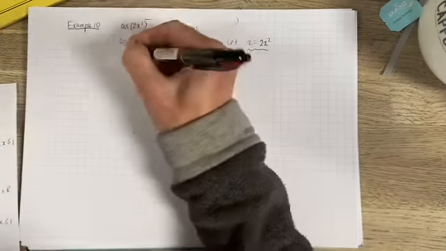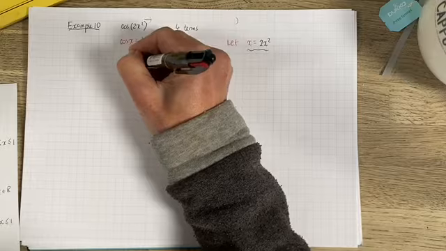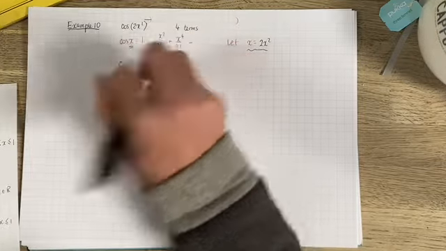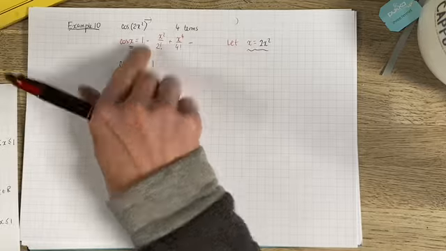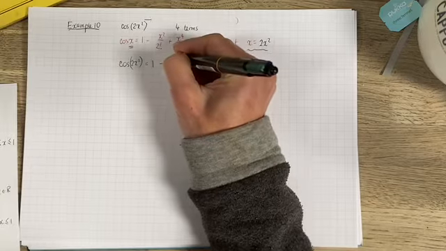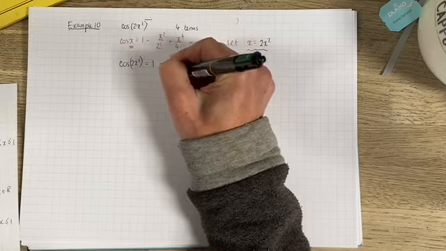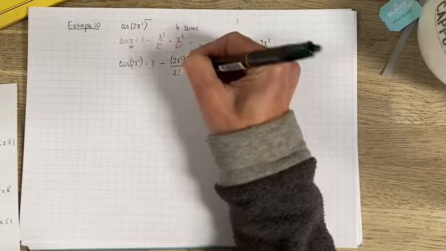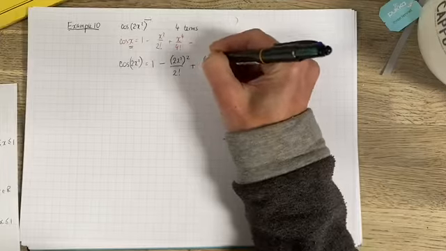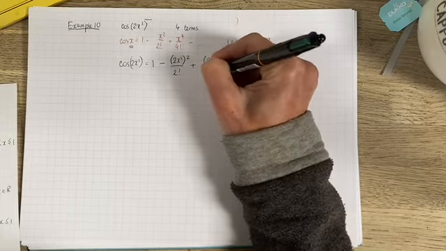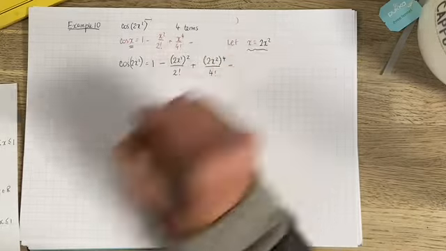So cos 2x squared is going to give us 1 for the first term. For the second term, instead of x goes 2x squared, which is squared over 2 factorial, and the next one is 2x squared to the power 4 over 4 factorial.